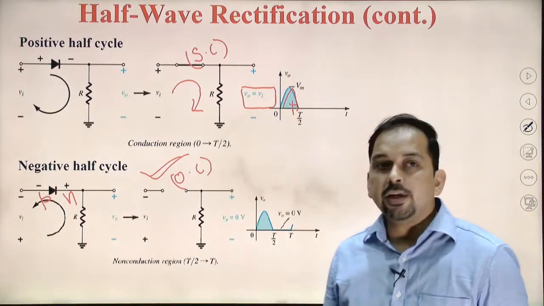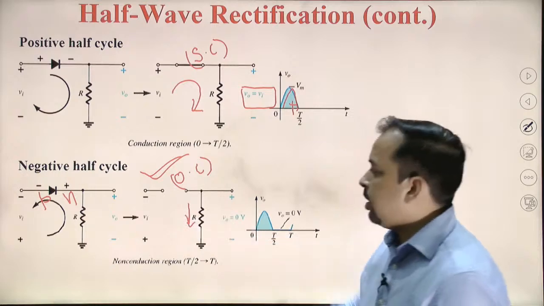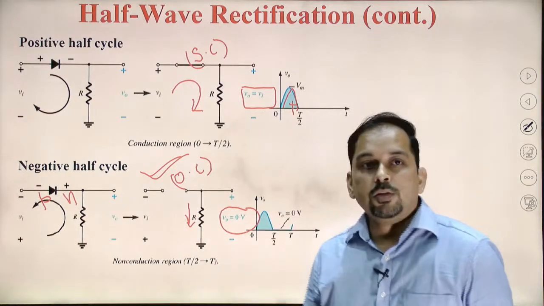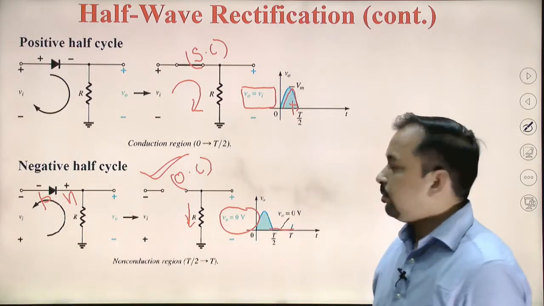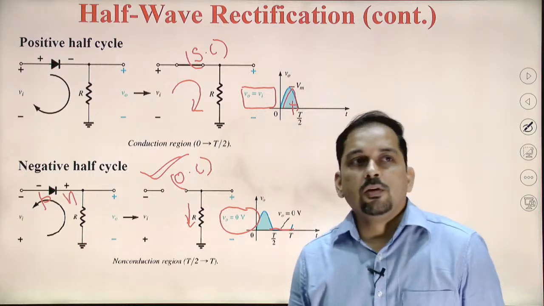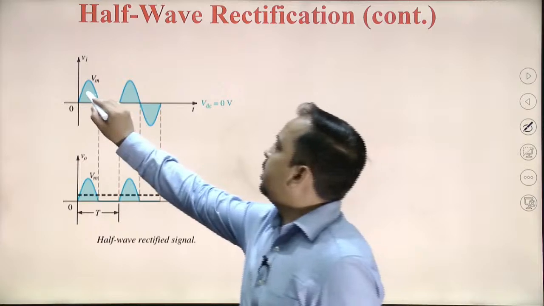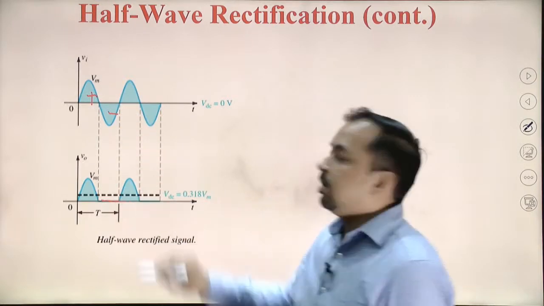Once the diode is open, no current flows through the resistance R, and the output across the load resistance R will be 0. So this circuit has rectified the positive peak, whereas during the negative peak the output is 0.